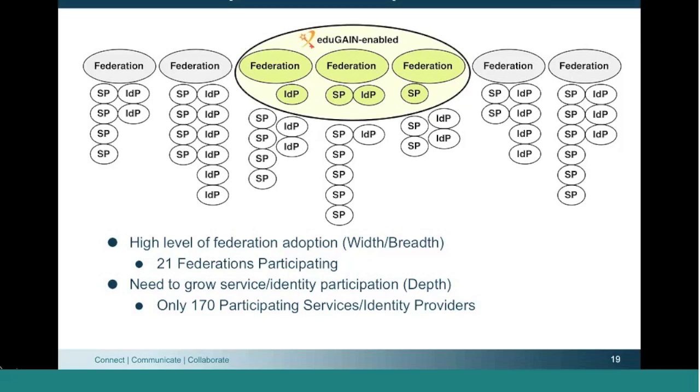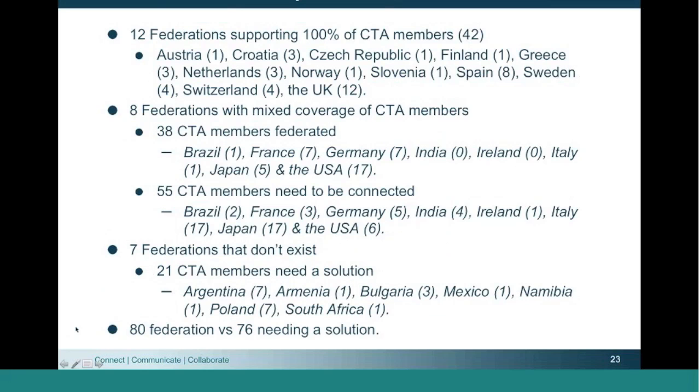Okay, thanks for that. And then the other question is with regards to slide 23, which I thought was a very interesting slide. Bullet number 5 down there, 55 CTA members need to be connected. That sounds like an issue worthy of some effort, especially when you look at Germany having 5 members, Italy having 17, Japan having 17, where I presume they're people that are really important to us.